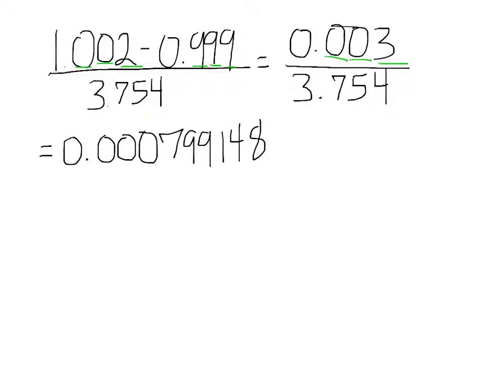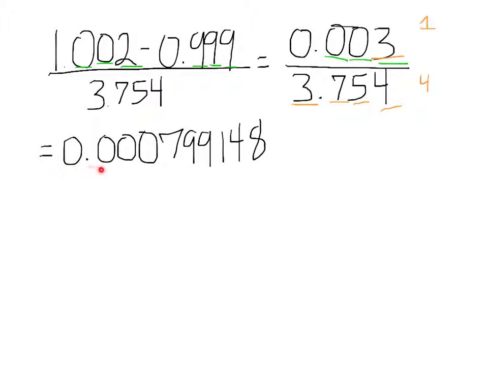Alright, that's a pretty big number. There's a lot of numbers in there. Now the rule for multiplication and division is the least number of sig figs among the numbers you use. In this top number, the 0.003, the number of sig figs is 1. And this number, 1, 2, 3, 4. So we have 1 here, 4 here. 1 is less than 4, so therefore the answer has to have 1 sig fig.